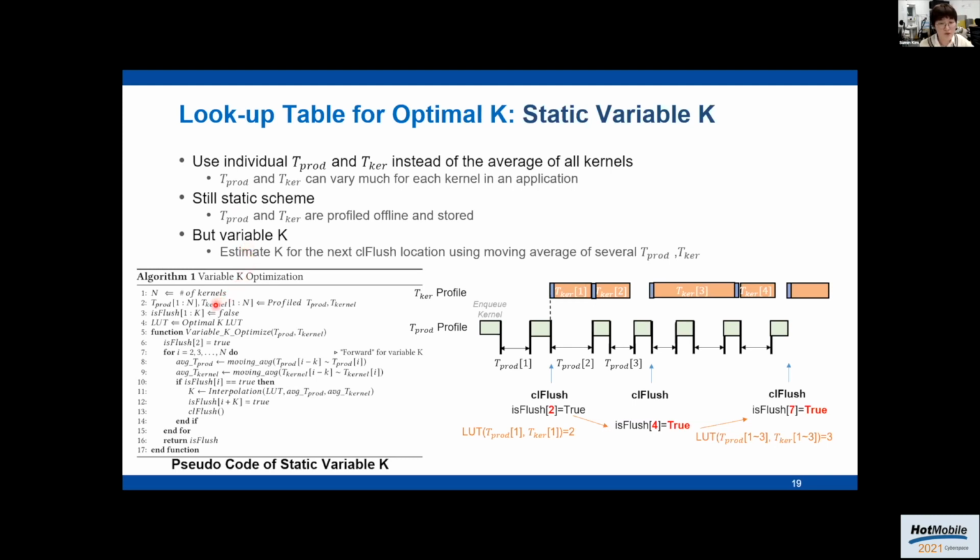The input of this algorithm are the profiled default and decal, and the output is is flush, the binary flags for flushing the kernel. The flags are initially set to false while it iterates over the kernel. If is flush is true, it calls the shell flush and finds out the next location to flush using a lookup table.